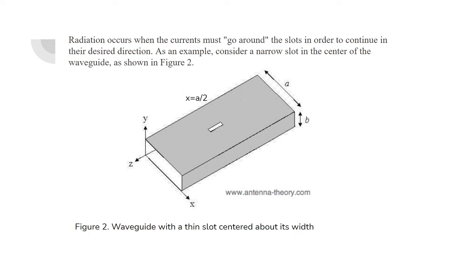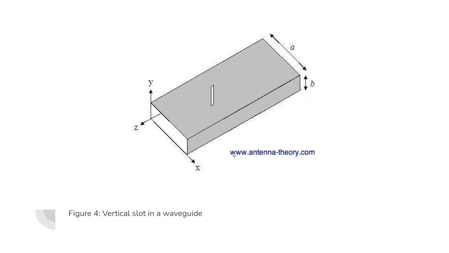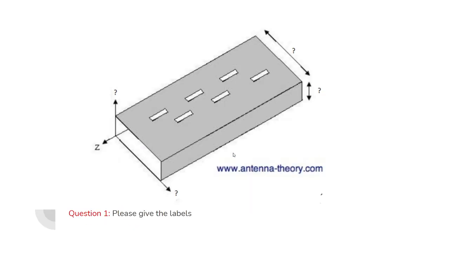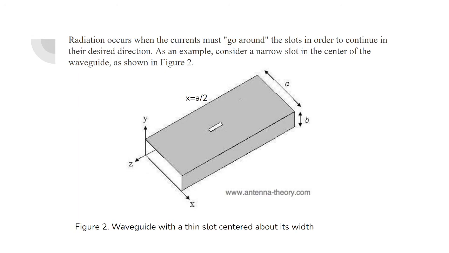So if the slots are displaced from the center line, as shown in figure 1, the X directed current will not be 0 and will need to travel around the slots, so there will be radiation.